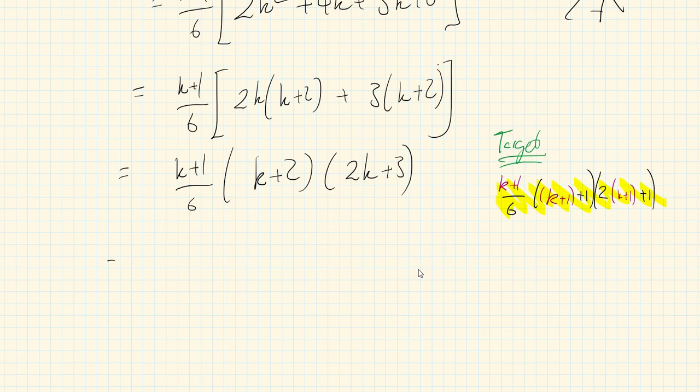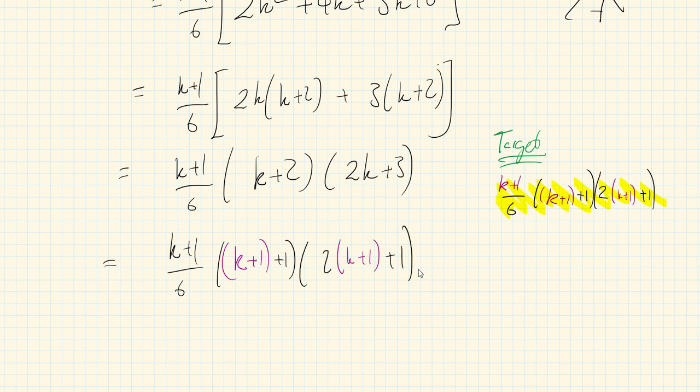All I need to do is rewrite k plus 2 as k plus 1 plus 1. And then rewrite the 2k plus 3 as 2k plus 2, or 2 lots of k plus 1, plus 1. And there we go. Okay, that's our result as required.